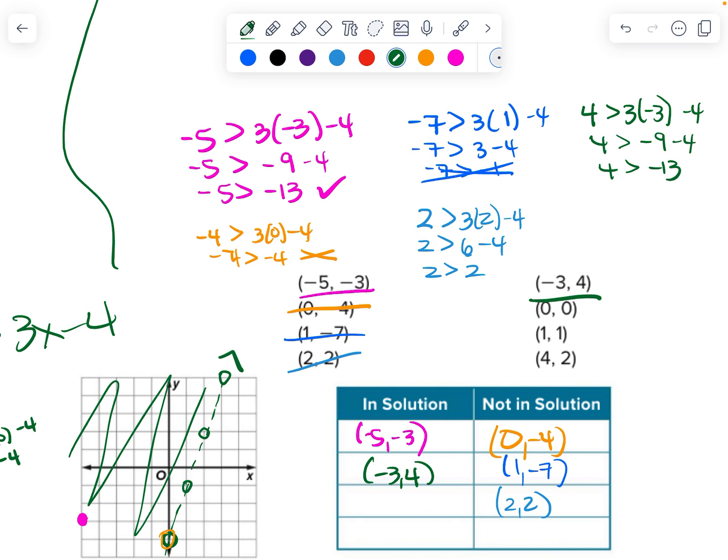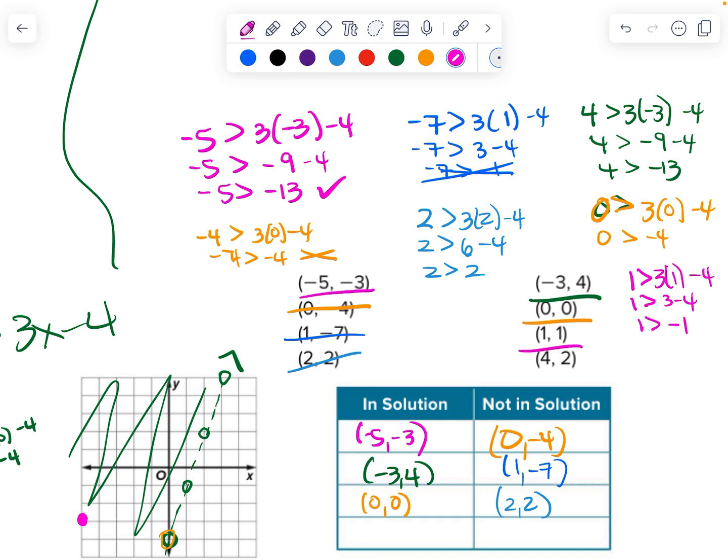So 0, 0. 0 greater than 3 times 0 minus 4. So 0 is greater than negative 4. That is true. Look at this one. So 1 is greater than 3 times 1 minus 4. 1 is greater than 3 minus 4. 1 is greater than negative 1.